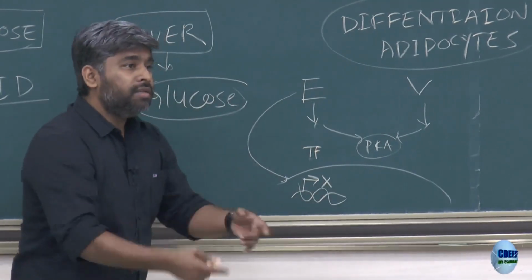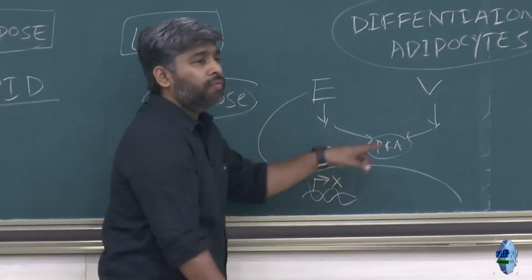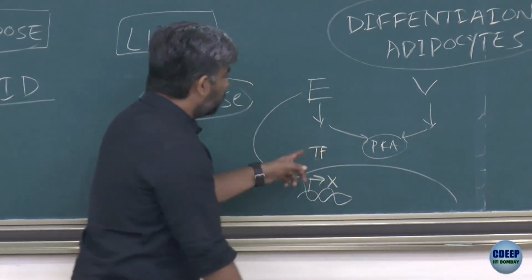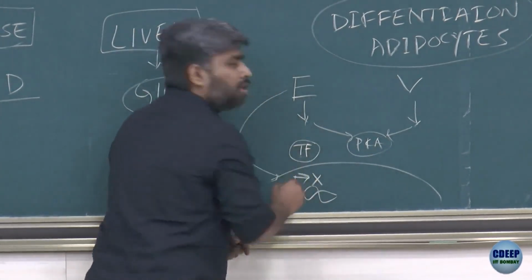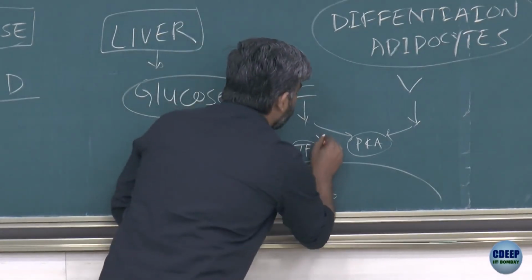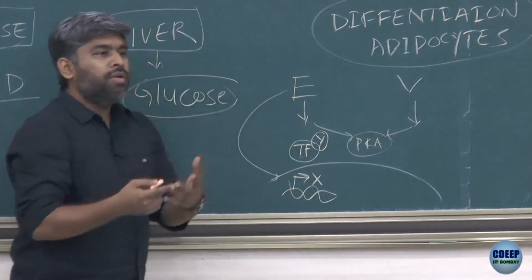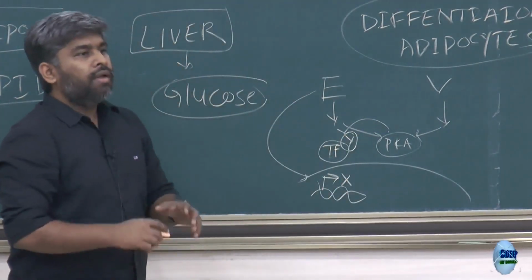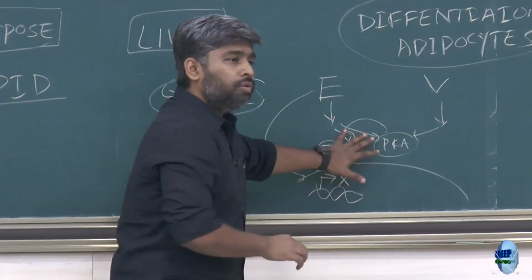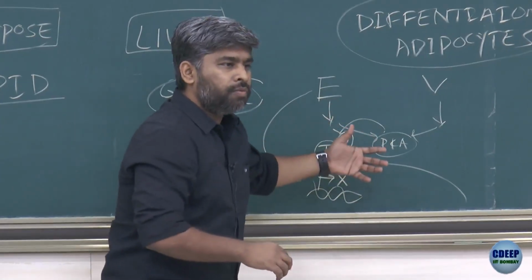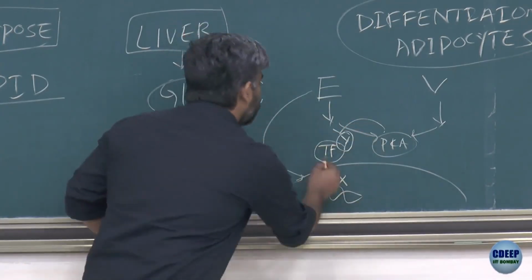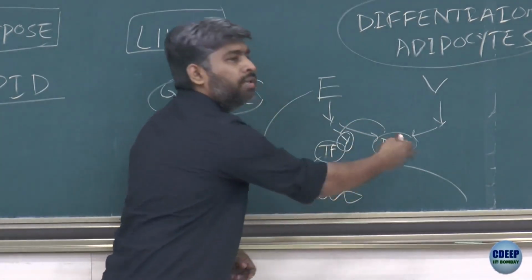Even if you imagine that this transcription factor is the common factor between both of them, vasopressin and epinephrine, when it is sequestered by factor Y, that is the only time PKA will phosphorylate this. So this will be inhibitory phosphorylation, Y and the transcription factor dissociate, and the transcription factor can go and sit on this and drive the expression of X.